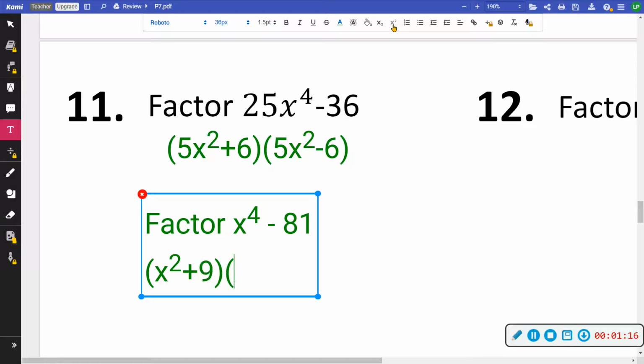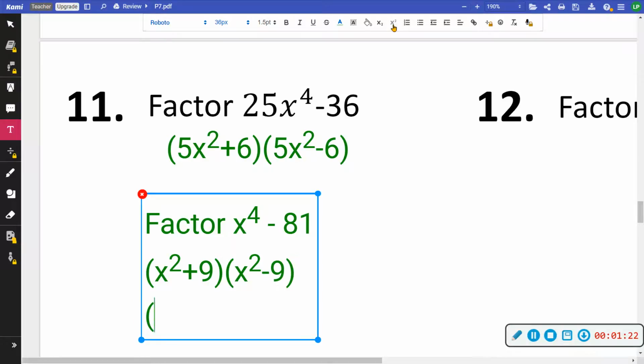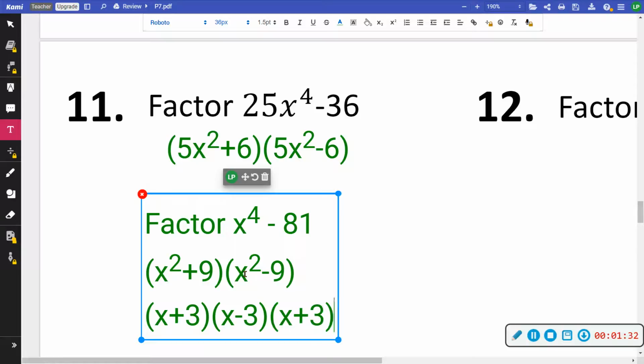That'd be x squared plus 9, x squared minus 9. And now you have two perfect squares again. And for x squared minus 9, that'd be x plus 3, x minus 3.